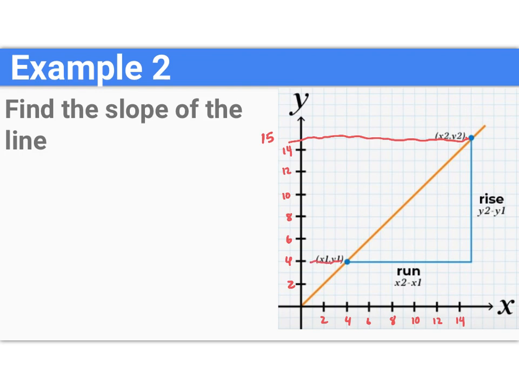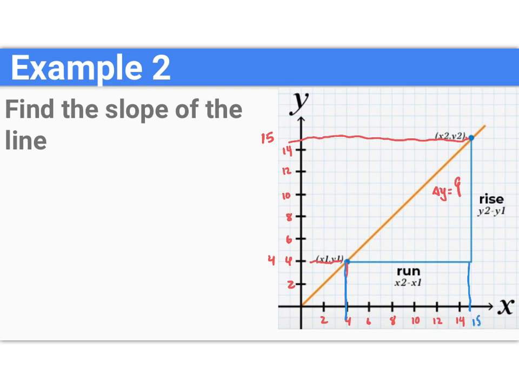And we can see this is at 4. So the change in y, delta y, equals 9. Now let's look at the change in x. We go from 4, oh, let me do it in a different color. We go from 4 to 15. The same thing.